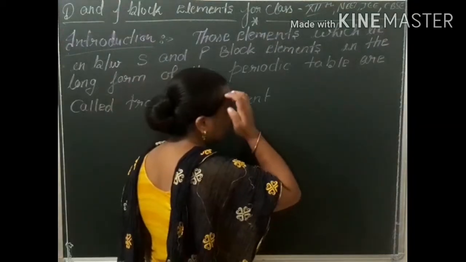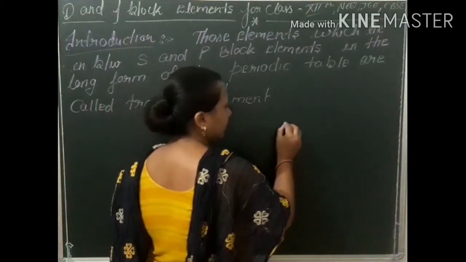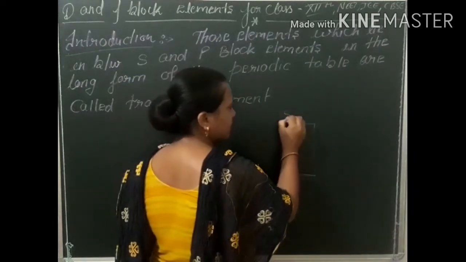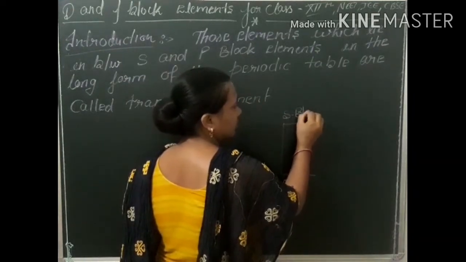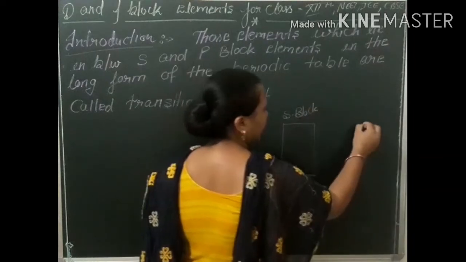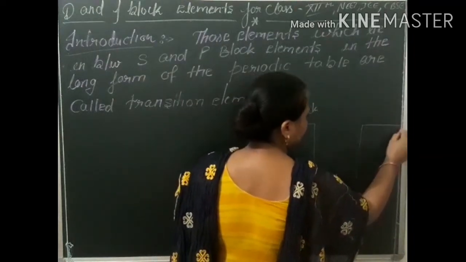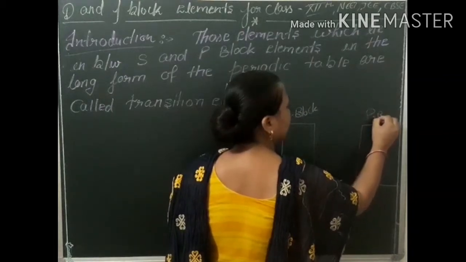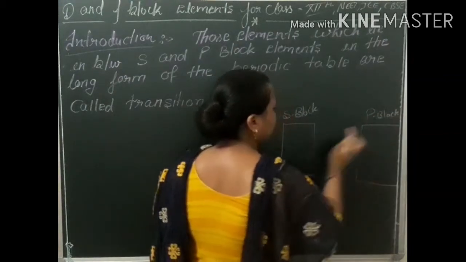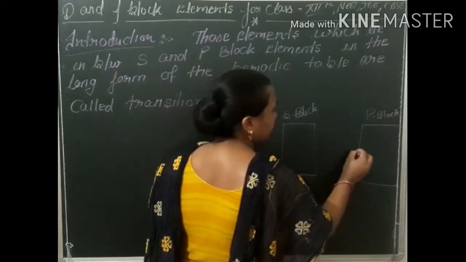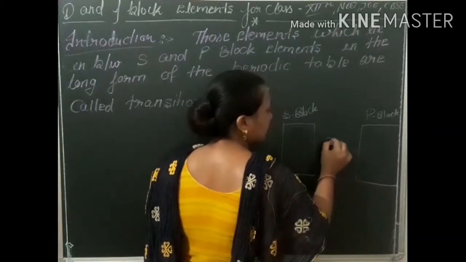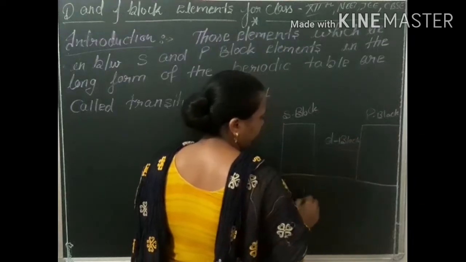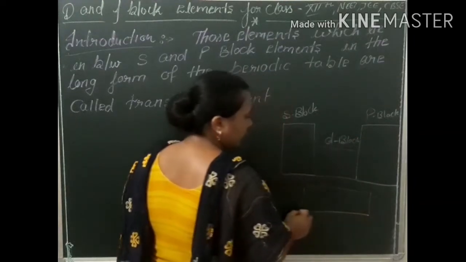In the periodic table, on the left hand side this is the S block, on the right hand side it is P block, and in between S and P here is D block, and F block is below the periodic table.